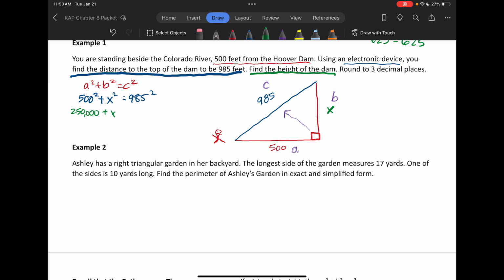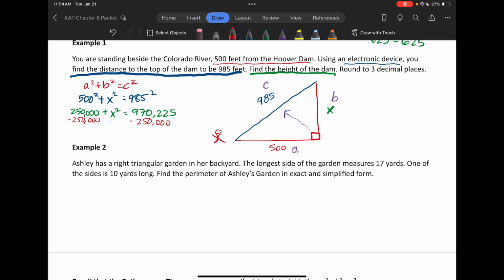And then plus x squared is equal to 985 squared, which would be 970,225. From here, what we're looking for is solving for x, that height of the dam. So I need to get the x by itself. So I'm going to subtract the 250,000 on both sides.